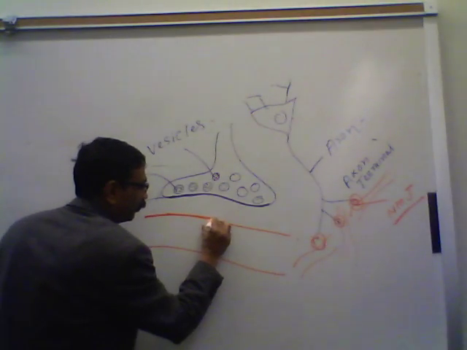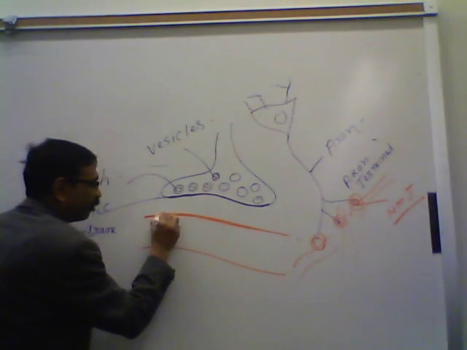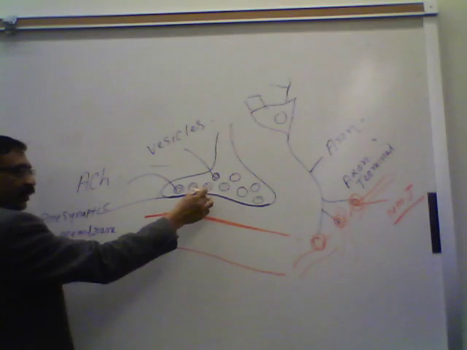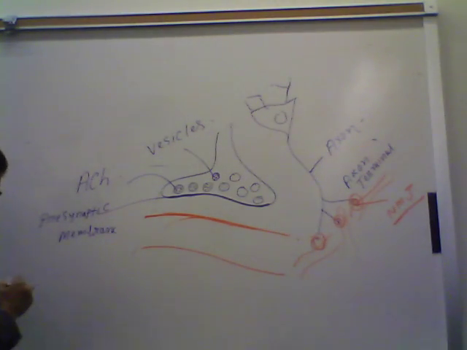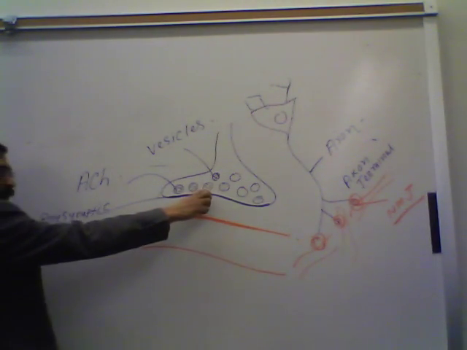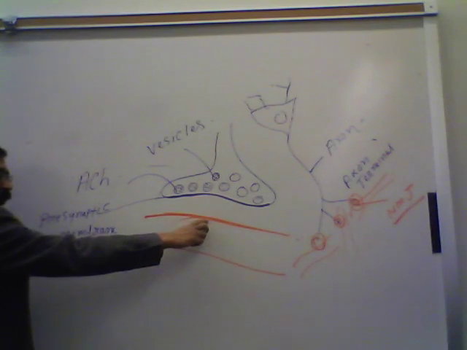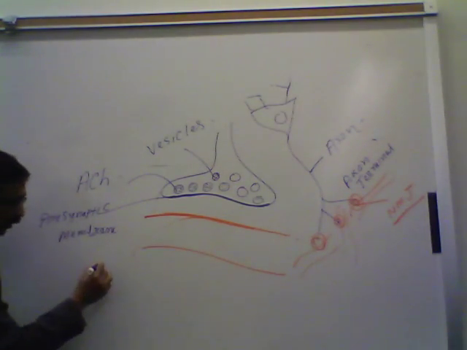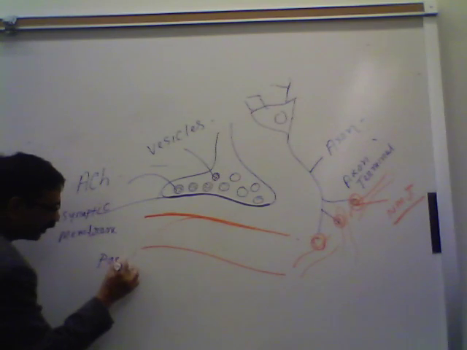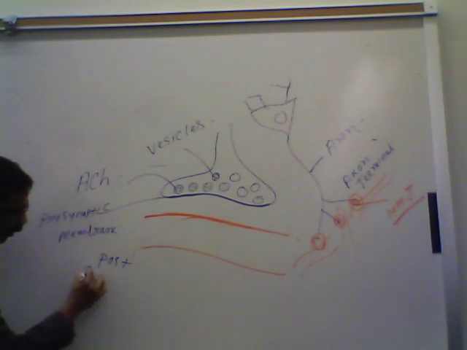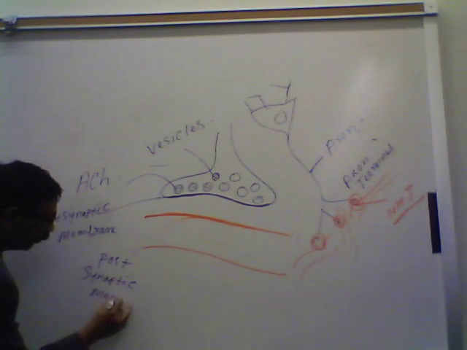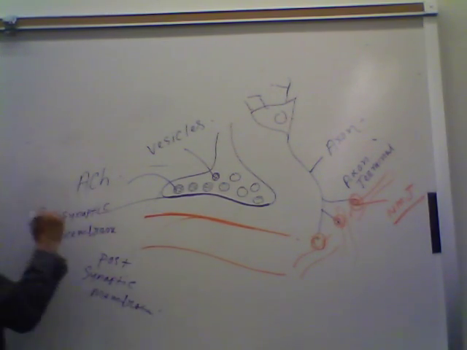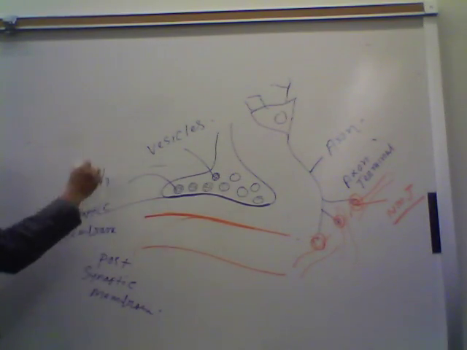The membrane of the muscle fiber that is facing towards the axon terminal is called the postsynaptic membrane. So presynaptic membrane in the axon terminal and postsynaptic membrane on the muscle fiber. Post means after, pre means before.